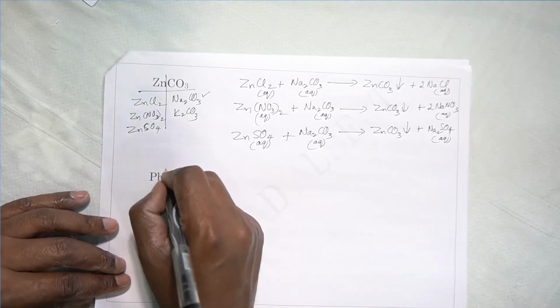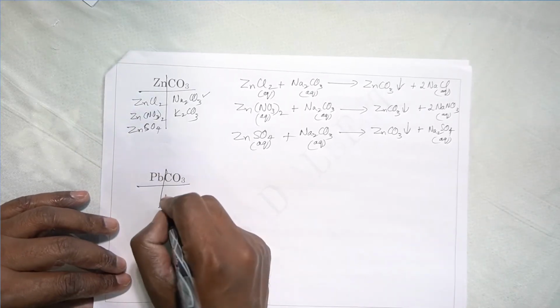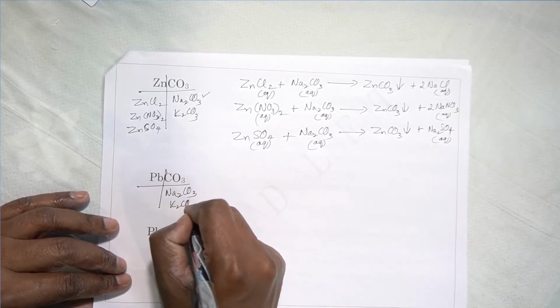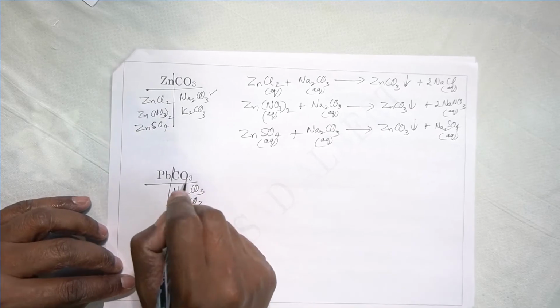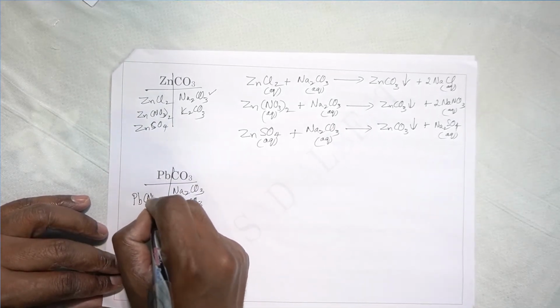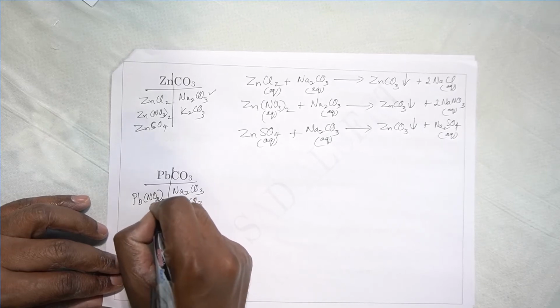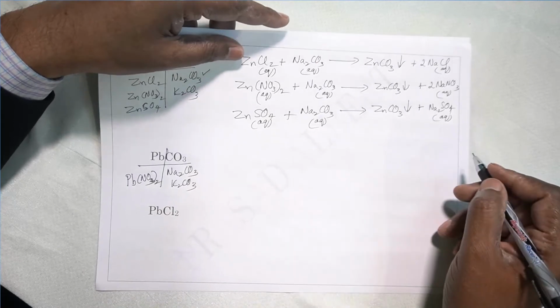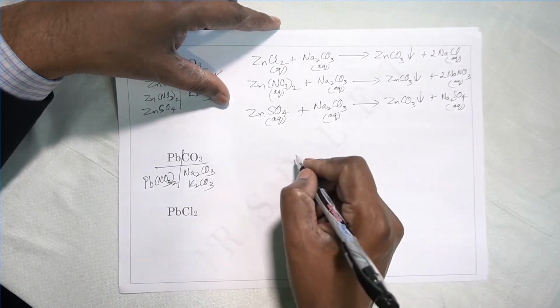Now let's take lead carbonate. For lead carbonate, the carbonate part is Na2CO3 sodium carbonate or K2CO3, and for the lead part, the only soluble compound available is Pb(NO3)2, lead nitrate. So you have only one choice here, right? So you should be happy. You don't have to write so many equations. Only one equation to write, right? Okay.